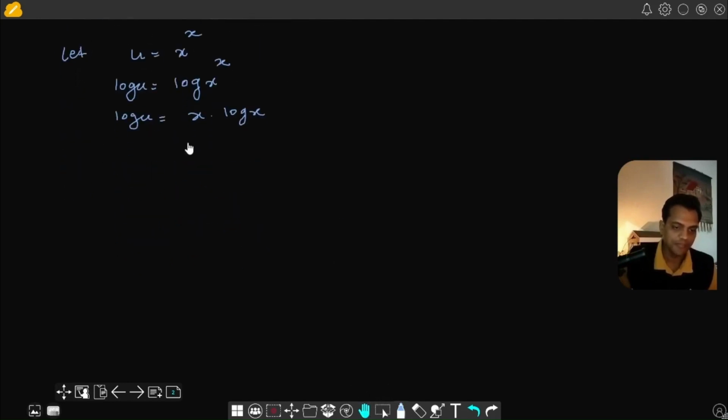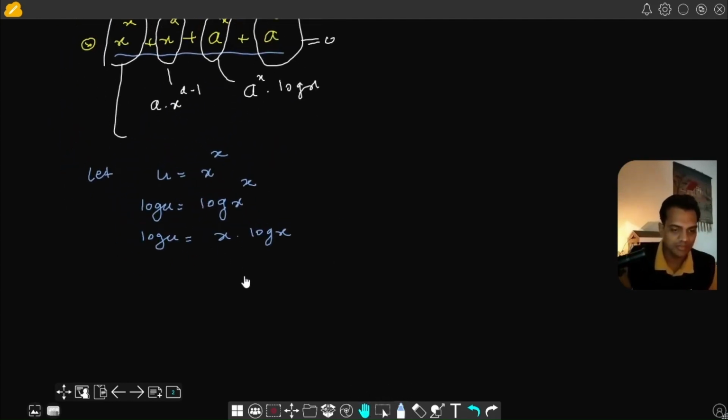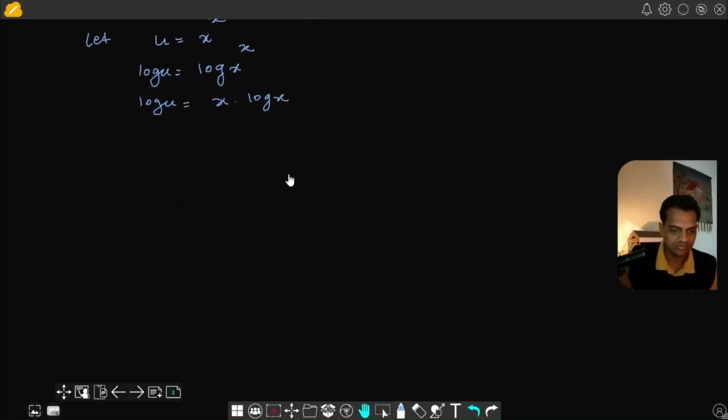Now it's simple. How to take the derivative of this? For that I have to apply the derivative on both the sides with respect to x. So it will become 1 upon u into du by dx. Now this is our first function, function 1, and this is our second function, function 2.